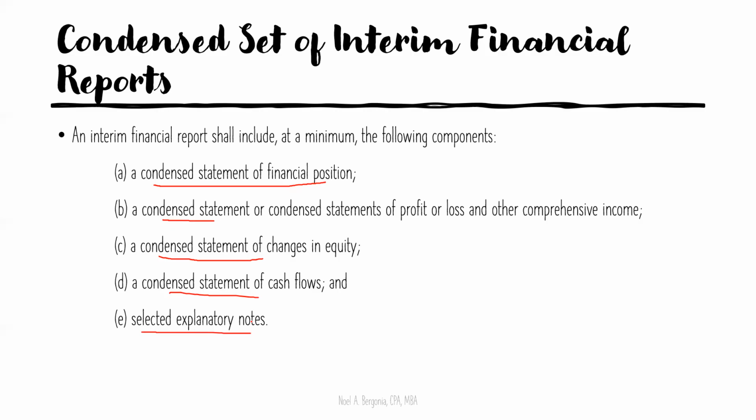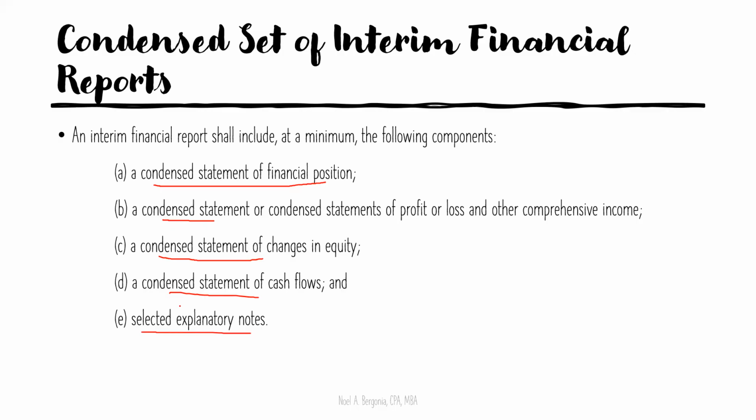So we are not going to prepare the complete set of explanatory notes. Pili lang kasi later we will have to discuss some of the selected explanatory notes that we want to see in an interim financial report.